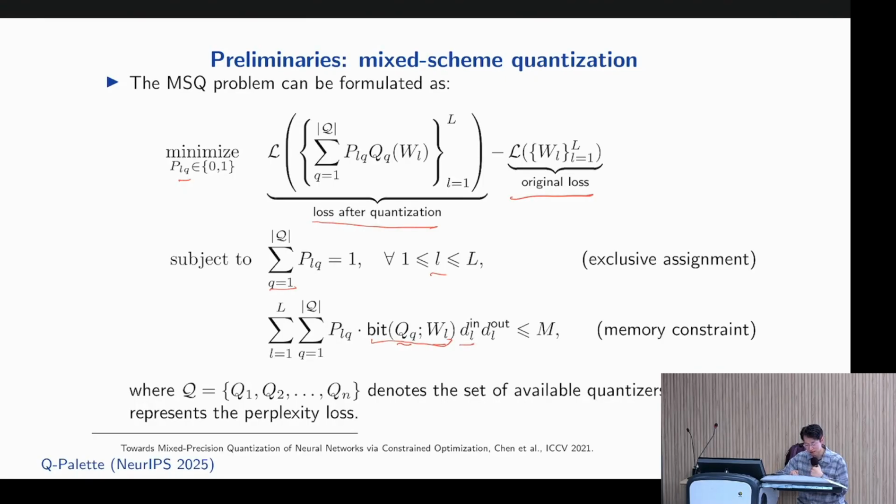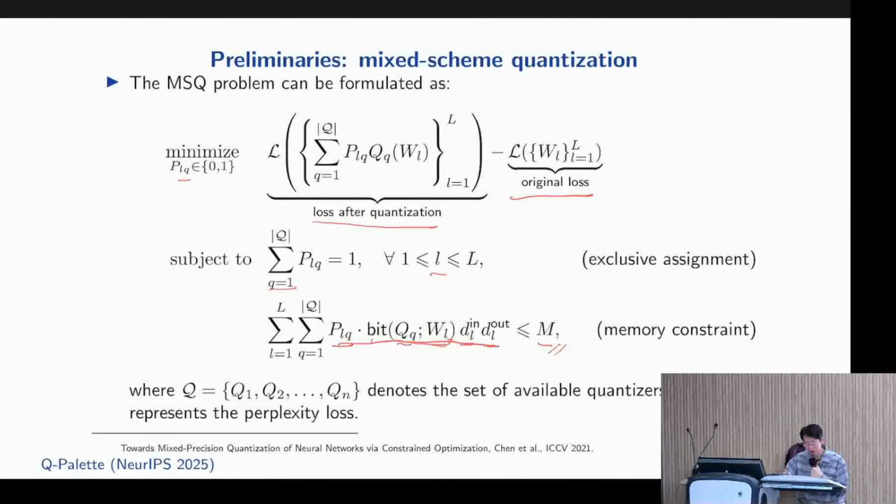And this is the dimension of W, D in, D out. And you select your chosen quantizer. And this can compute the average memory spent for representing the matrix, and you would have a memory constraint, something like it has to fit in your cell phone or something like that.